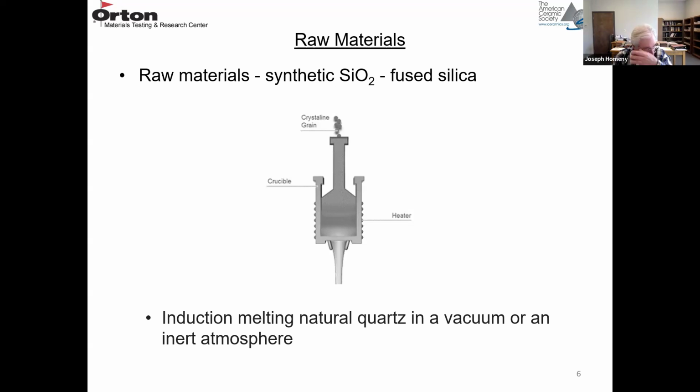And when we talk about glasses, if you have a silica glass, 100% silica, it's not going to crystallize back into cristobalite or tridymite. It's very hard to crystallize, so you end up with a fused silica glass.